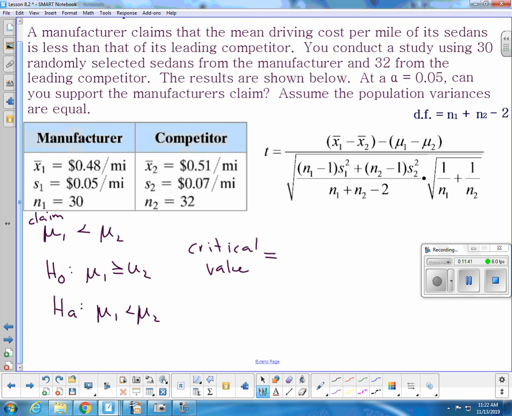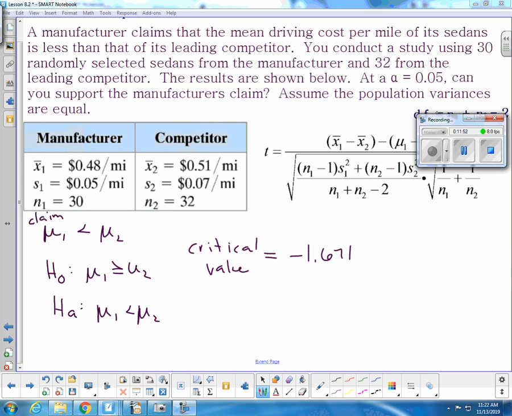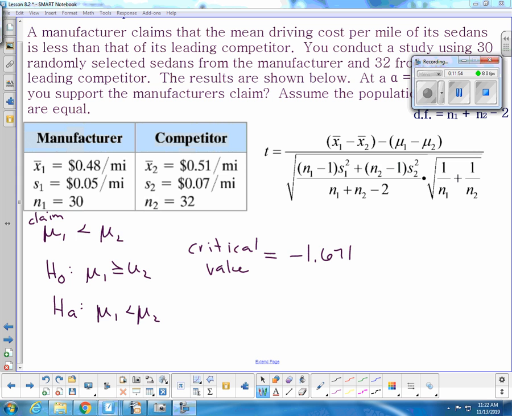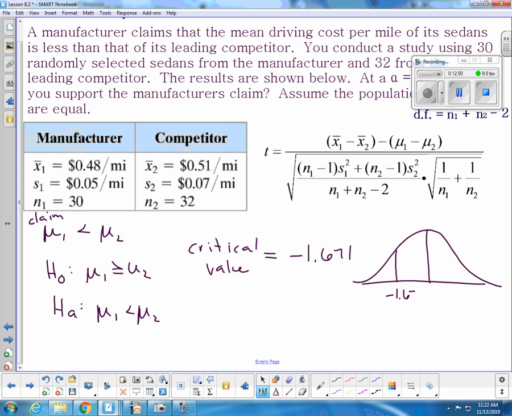I get negative 1.671. That's our critical value. So there's my rejection region.